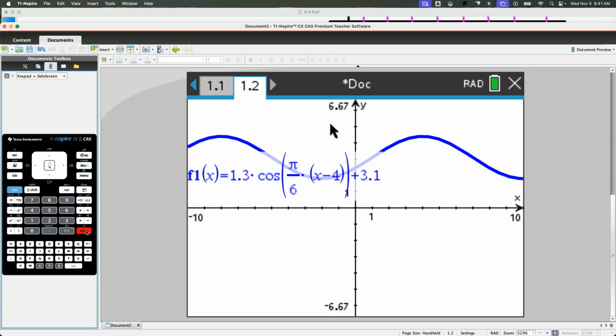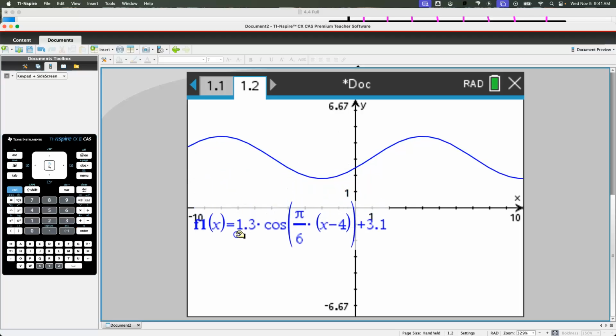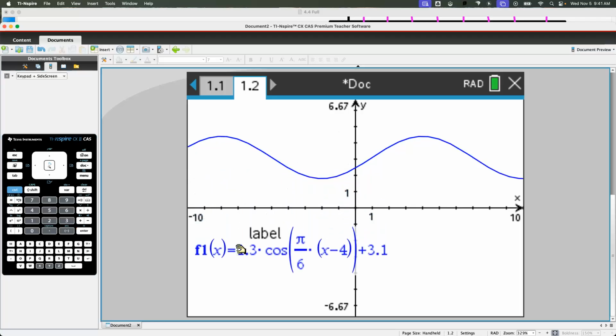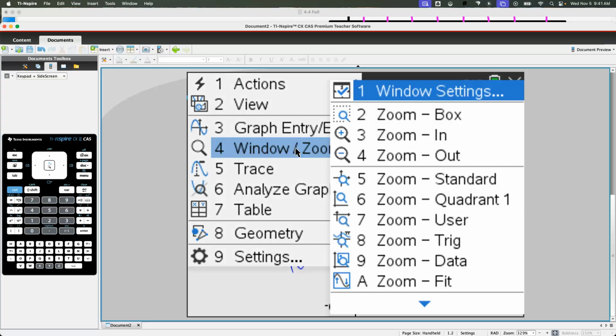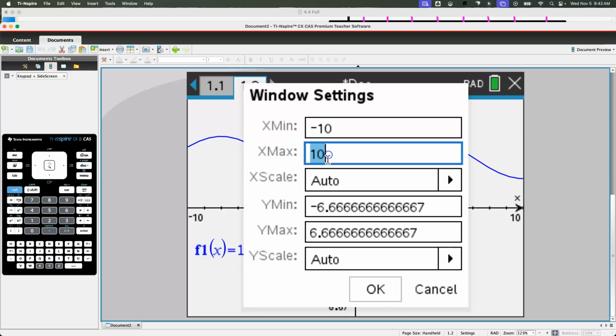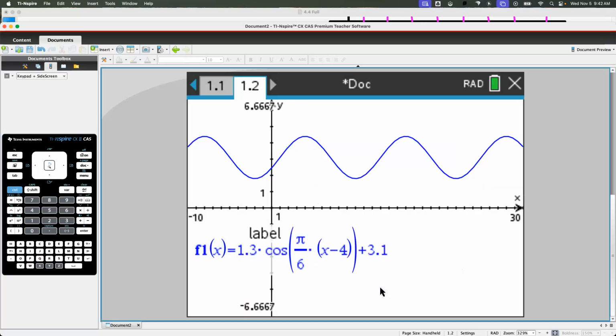When I hit enter, I get that. I'm only going out to 10, so I should probably adjust my window because I need to go out to at least 24, because now I've got 24 hours in a day.